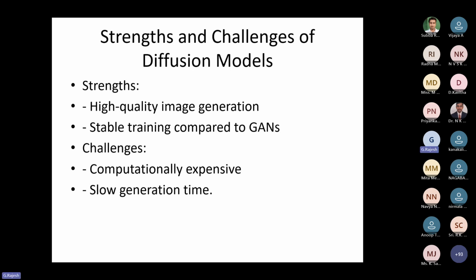How do we remove unwanted noise? How to recognize noise? How to denoise that? These are all computationally very challenging, and because it involves complex logic, it takes a lot more time compared to GANs for generating the images.